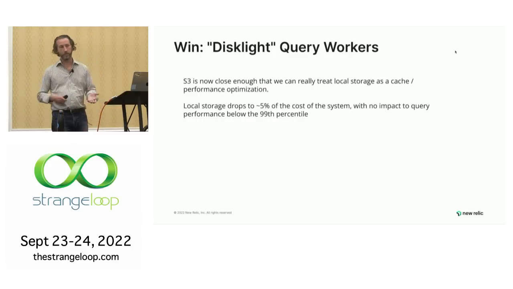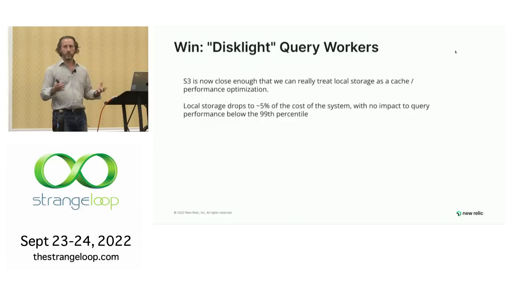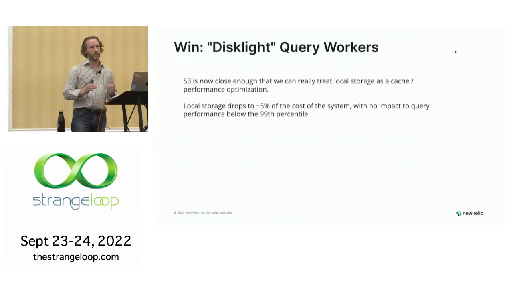We also, now because we're in the cloud, are much closer to S3, and transfer costs are non-existent. So S3 can be our primary storage, and we can treat local storage on the query workers as just a cache or performance optimization.